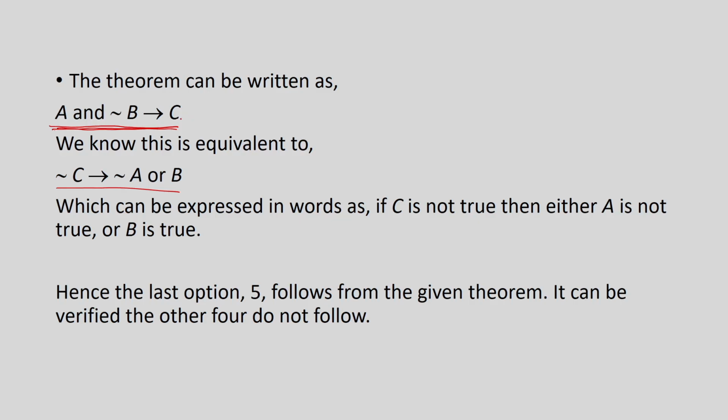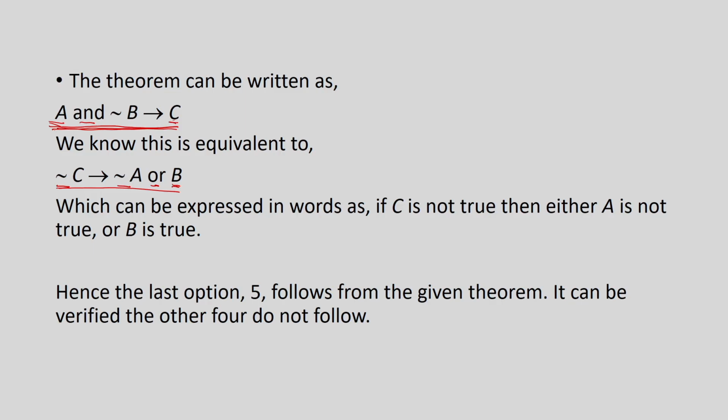The negative of the conclusion is not C, which implies the negative of the first one: A becomes not A, the "and" becomes "or", and not B becomes B. So, that is the pattern, and in the end we get not C implies not A or B.